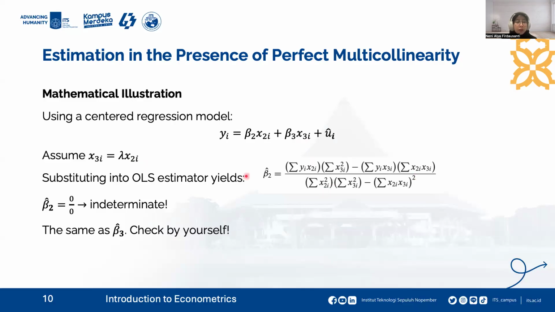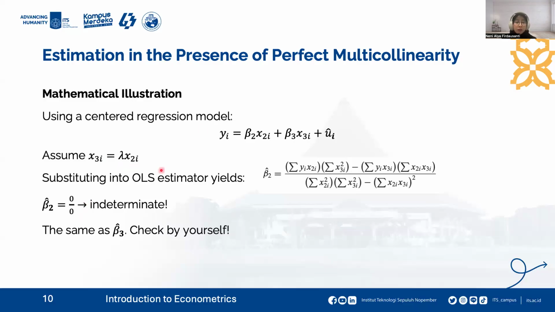And because x3 equals lambda x2, we substitute x3 with lambda x2, and we get this final result, which means that 0 over 0 is indeterminate. So we cannot find the value of beta 2 hat because of this relationship here.